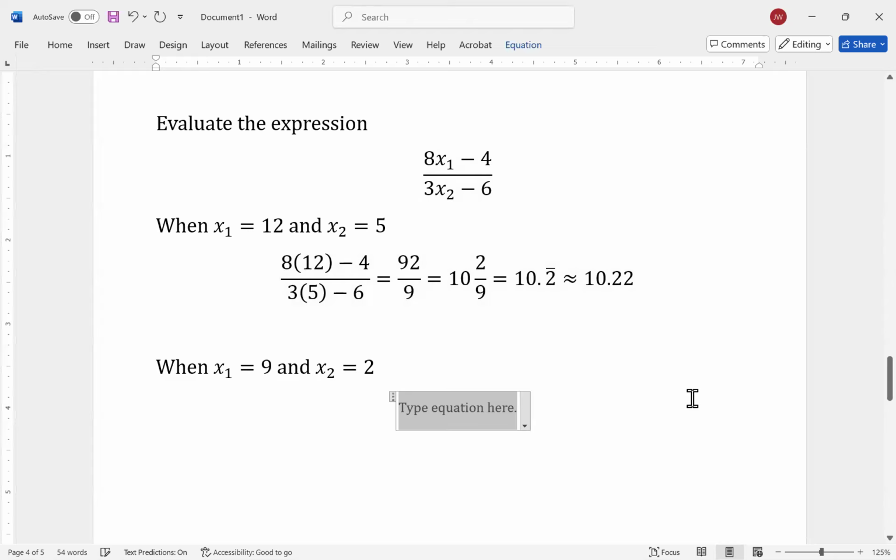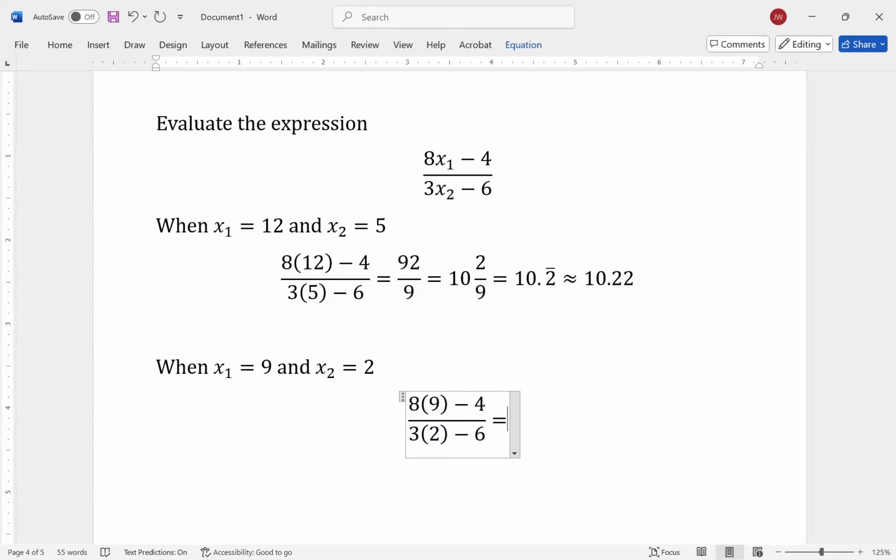We can do that in this example as well. We do 8 times 9 minus 4. That is all in the numerator. And then in the denominator, it's 3 times 2 minus 6.